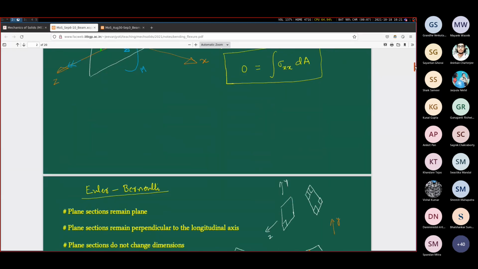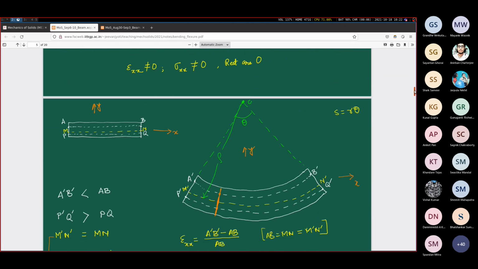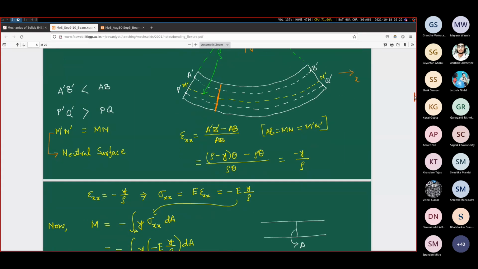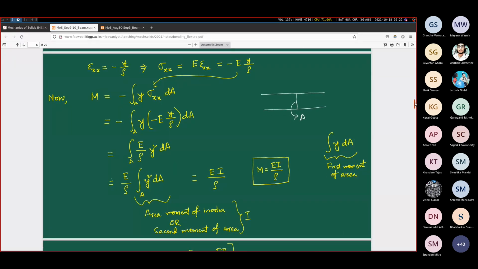What I want to show you is this: M is equal to EI by rho. We have been using this fundamentally in almost everything we have studied since we introduced deflection and bending of beams.